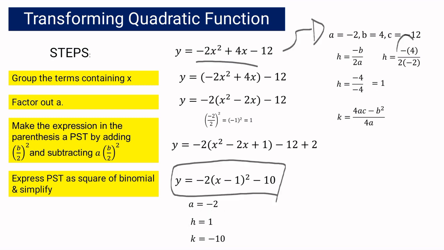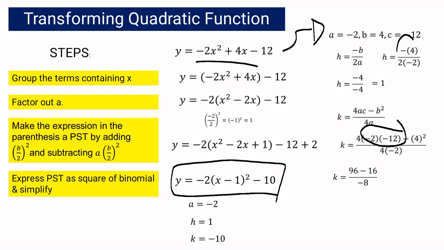Now, let us get the value of k. Substitute the values. A is negative 2, our c is negative 12, and our b is 4, and our a again is negative 2. If we simplify, 4 times negative 2 times negative 12 is 96.